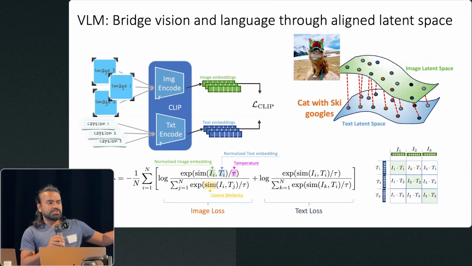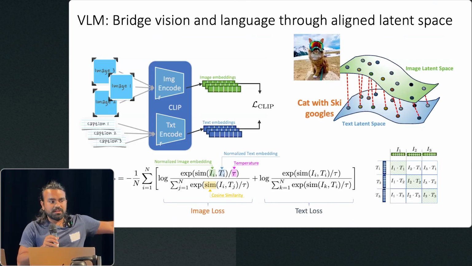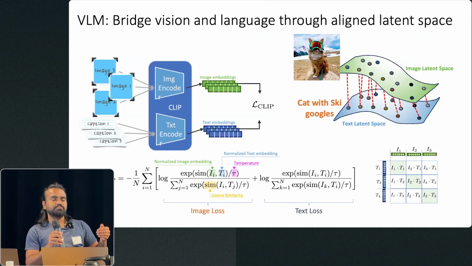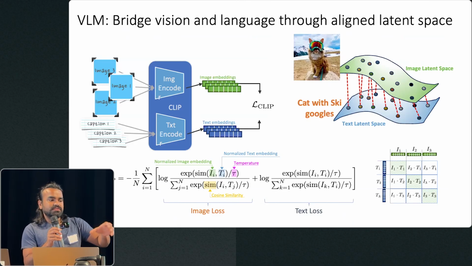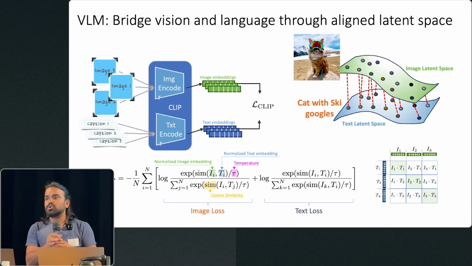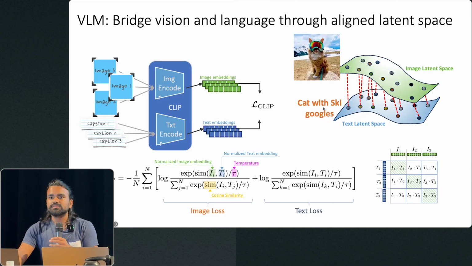All they are doing is taking a huge distribution of images with corresponding captioned text, and figuring out a latent distribution where both of them can coexist close to each other. So the image of a cat with skis in that distribution will live very close to the text embedding of cat with ski goggles. So what does this give us? It gives a space where images and text can coexist.